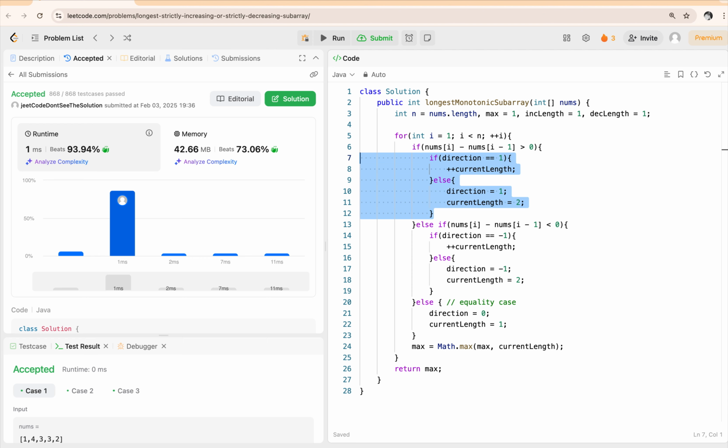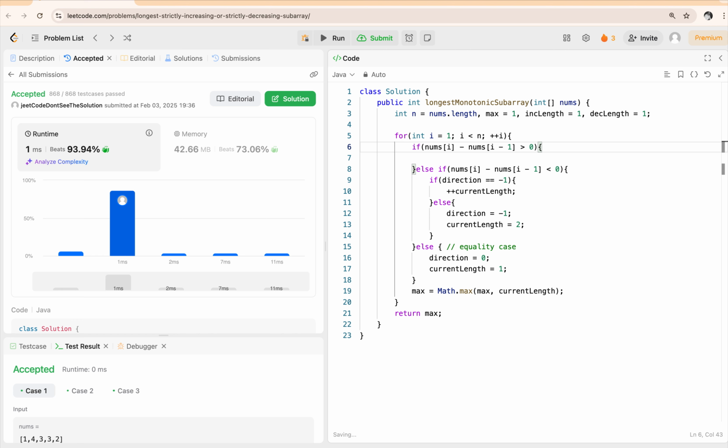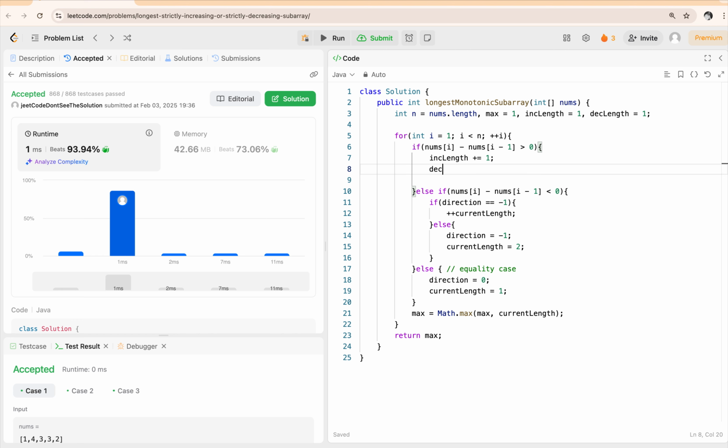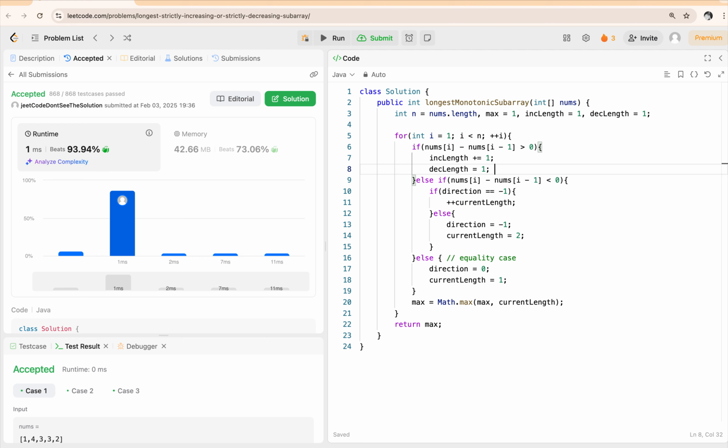So in that case, if this is greater, then the increasing length is incremented, and decreasing length is equal to 1. That's it.